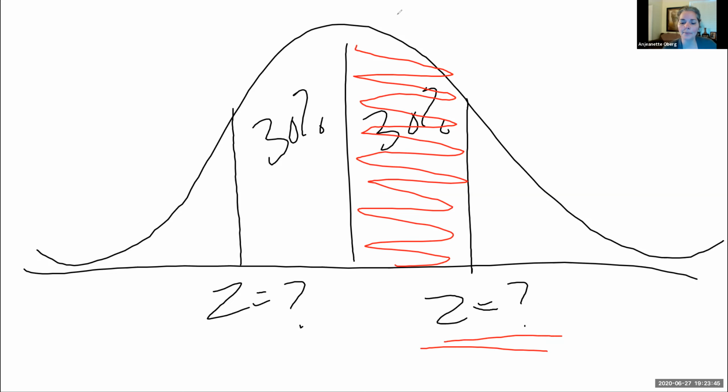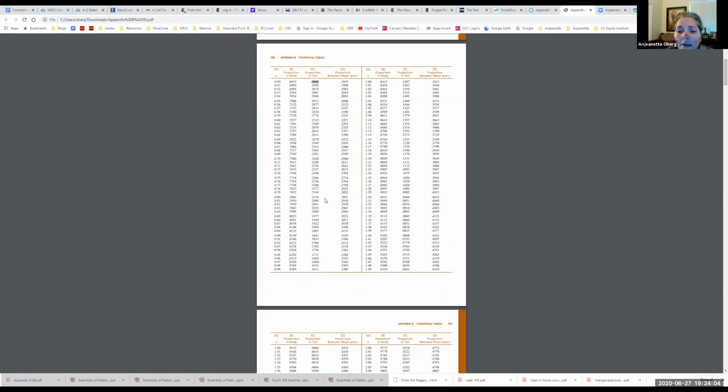That will tell me the z that corresponds to the portion here between the mean and the standard deviation that equals 30%. So let's look that up using our unit normal table. And we're going to focus on our z here, and look at which of these z's has 30%.